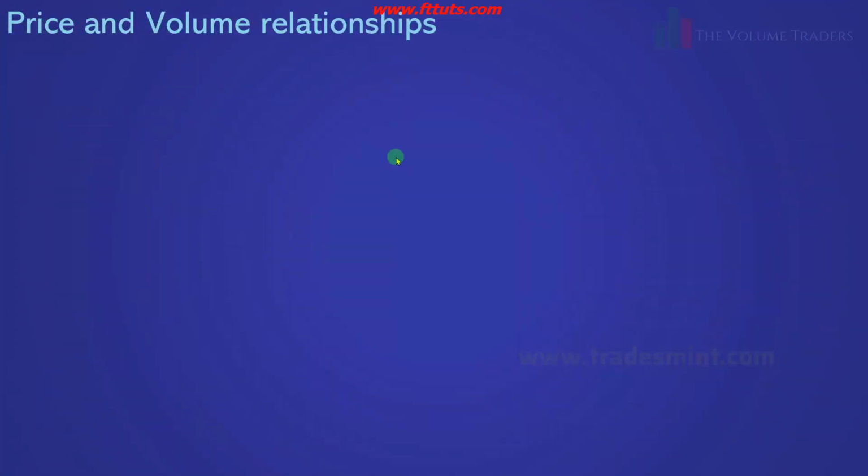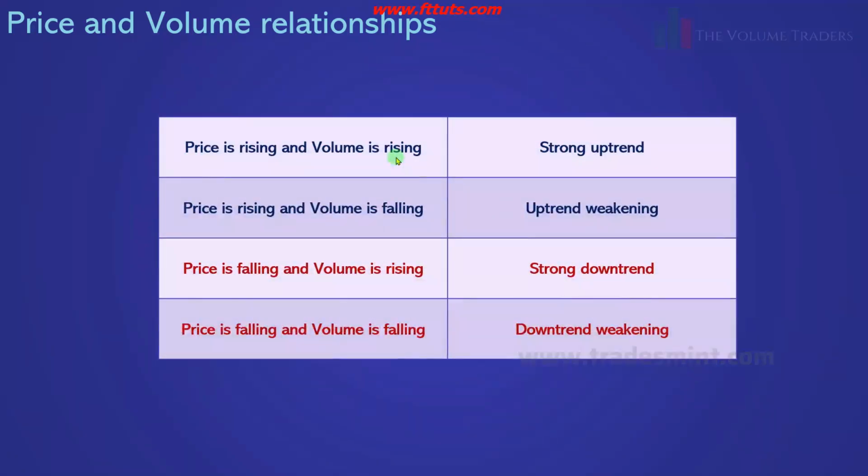And the last thing about the market, which in my opinion is good to know, the price and volume relationships. It is the table which gives me the truth. I'm focused on the second and the last one. Usually when price is rising and we see increasing volume, it means that a lot of aggressive buyers are joining the market, so we have a strong uptrend.